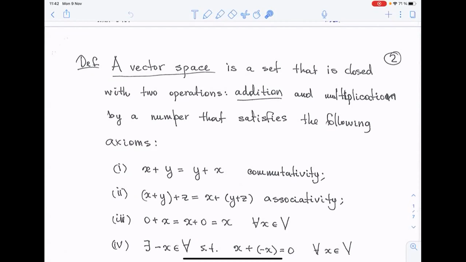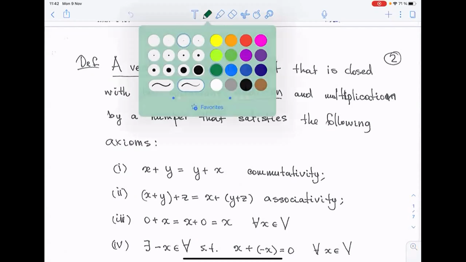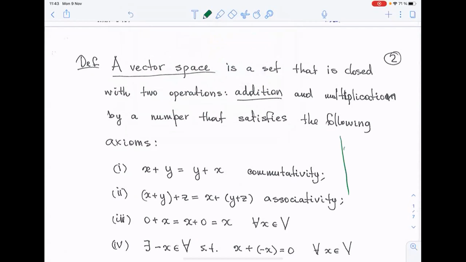For example, if this is a solution for the PDE like this, U, with finite differences what we did was we split this domain by a finite number of points.